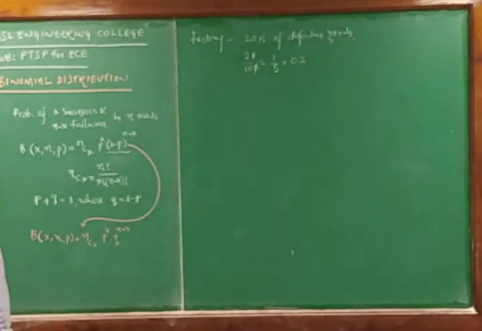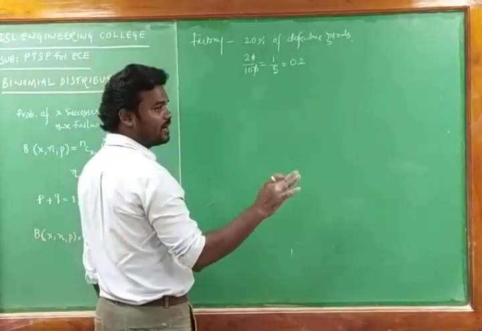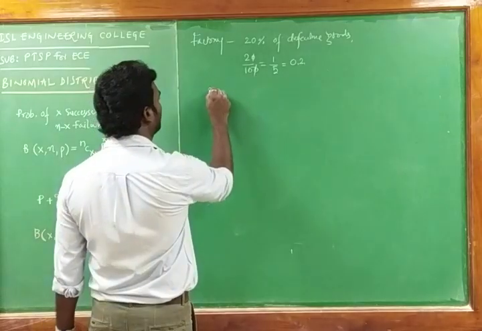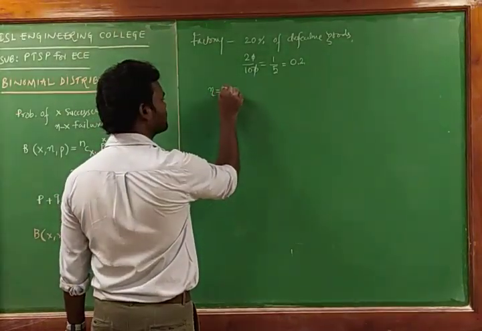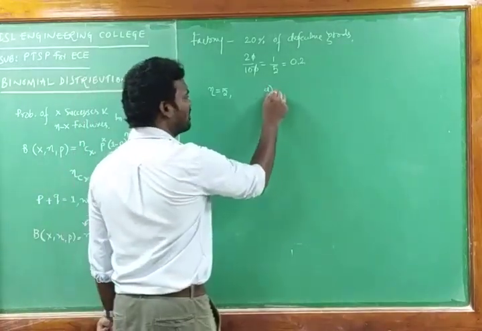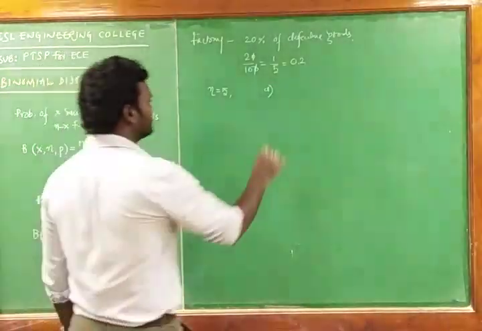20% of items produced from a factory are defective. Find the probability in a sample of 5 chosen at random. That means n is equal to 5. And what are the questions now? First, find the probability that none is defective.